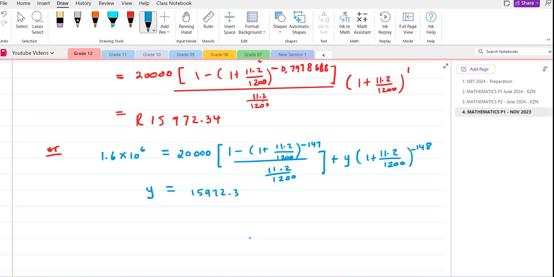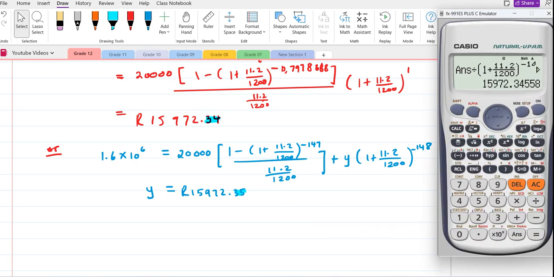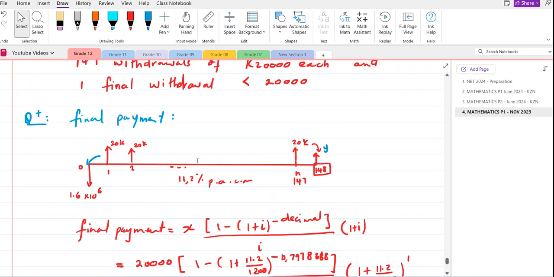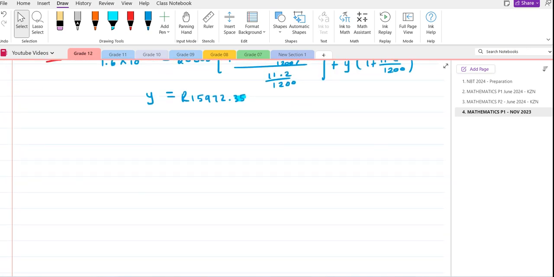The 0.0035 is negligible. I think we should have taken more decimals here. Yeah, we're getting 0.35 here. So we get the exact same answer. So these are the two ways of finding the final payment. I hope you guys understand. Now moving on to the next question.